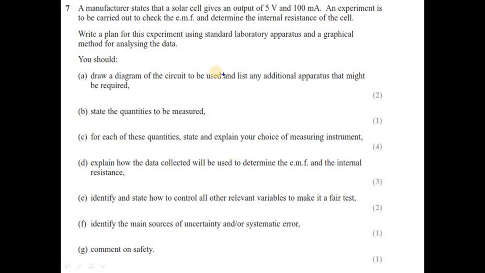So in this experiment, because we need to find EMF and the internal resistance, the basic idea behind EMF and internal resistance is the equation E = V + Ir, and in this equation, voltage and current are the two variables that we are going to measure.